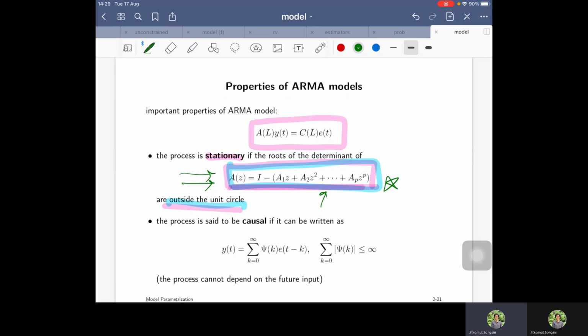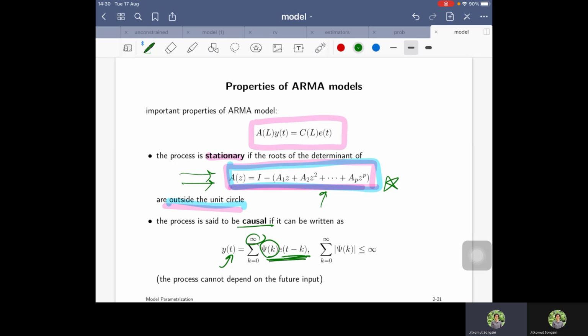Okay, so any process is said to be causal if it can be written as some coefficients times noise in the past. This is Y_t, a linear combination. It can be an infinite sum, but it's only the sum of noise from the past. So that is a property that is called causal.